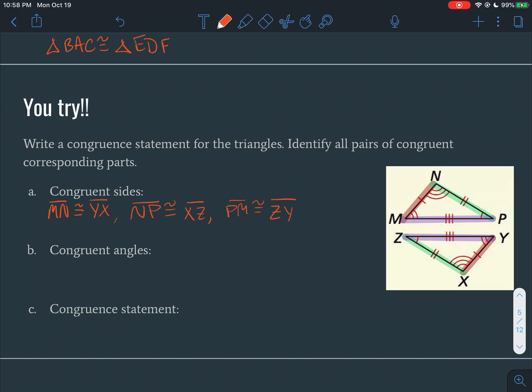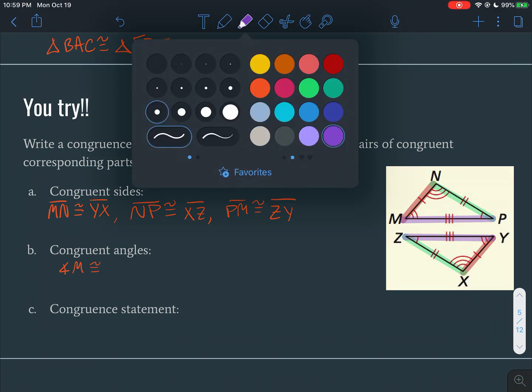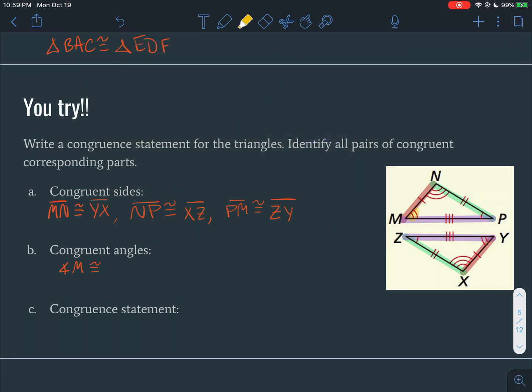For my angles, I have, for my first triangle, angle M. M has 2 arcs, so Y has 2 arcs. So M is congruent to Y. Angle N has 3 arcs.